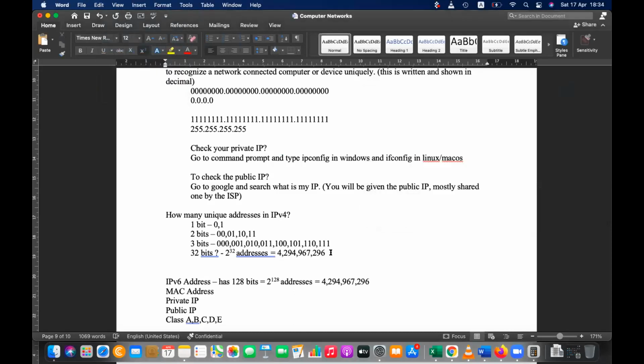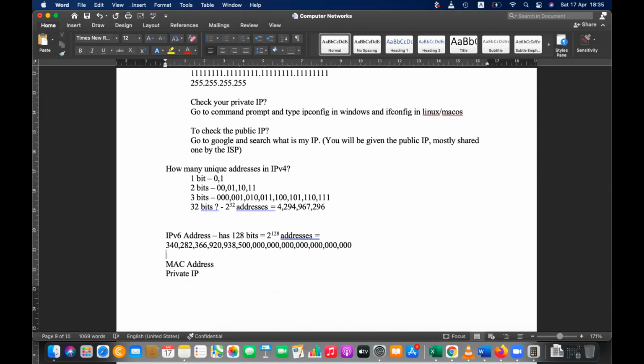So this number of addresses are possible. So maybe it's enough for the universe. So let's separate by commas. Very big value. So this number of addresses are possible, and it's a gigantic value.